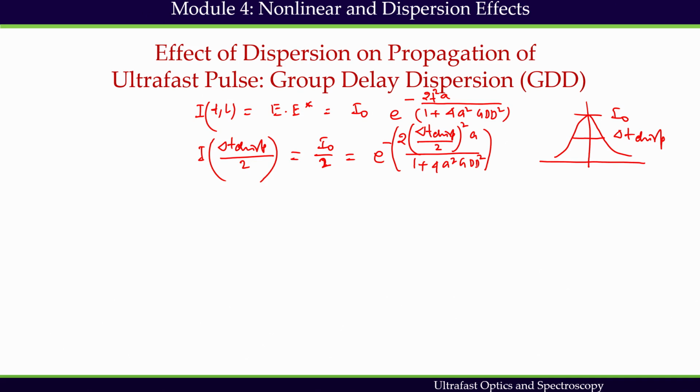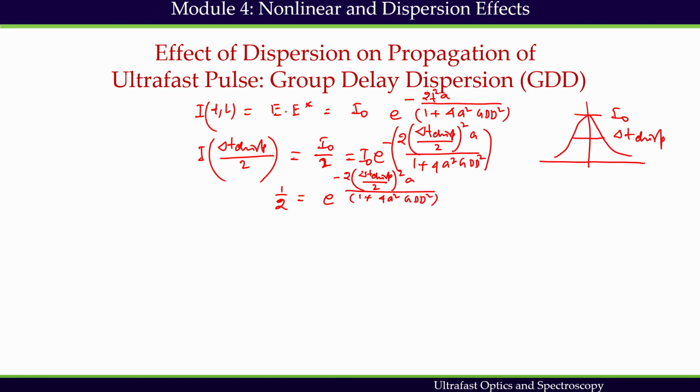So this is the definition of full width half max. We have been giving this definition for a long time, and what we can write down is that half equals e to the power minus 2 delta t sharp divided by 2 whole square a divided by 1 plus 4 a square GDD square.